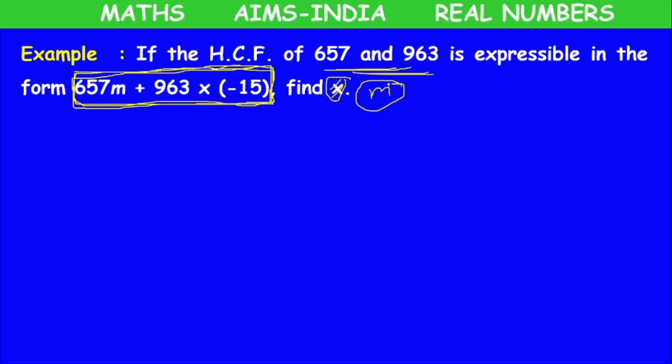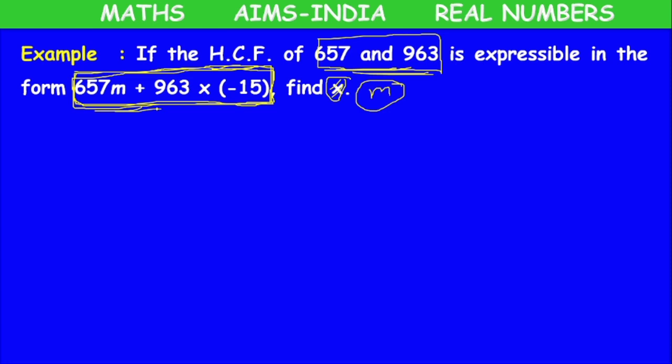Don't get confused with the question. First, we have to find the HCF according to Euclid's division algorithm. After that, whatever HCF we get, we have to equate it to this given expression. Then we find the value of m. That is the task here.